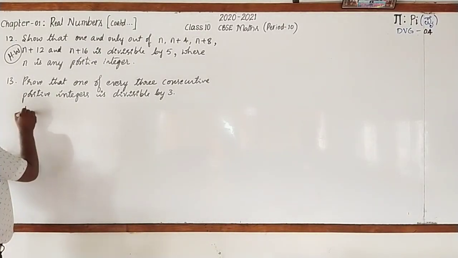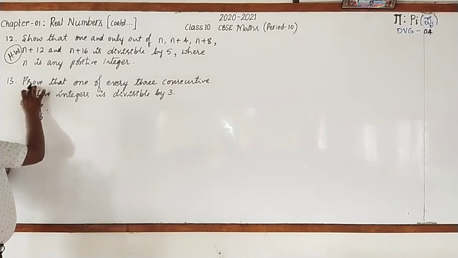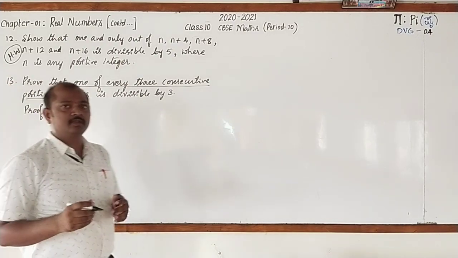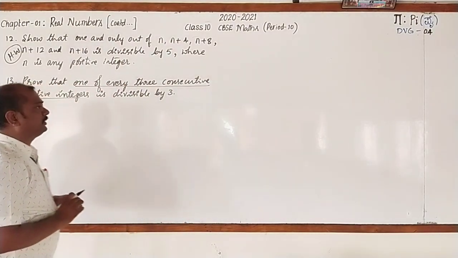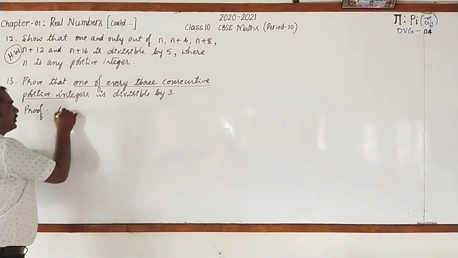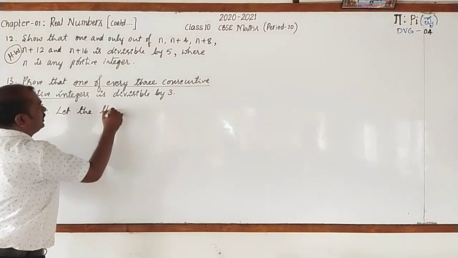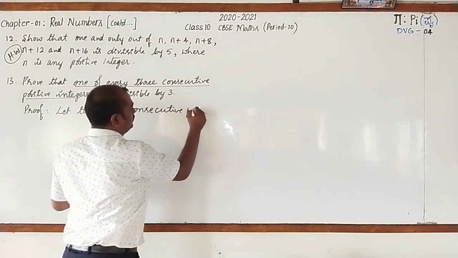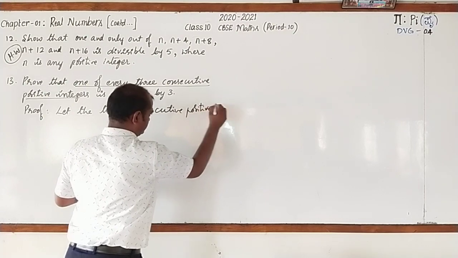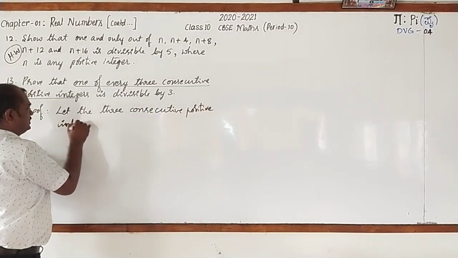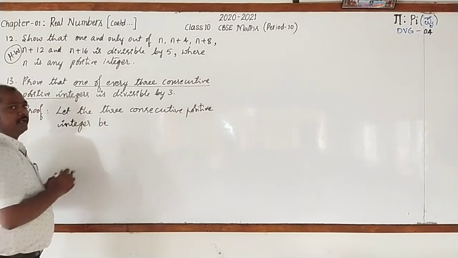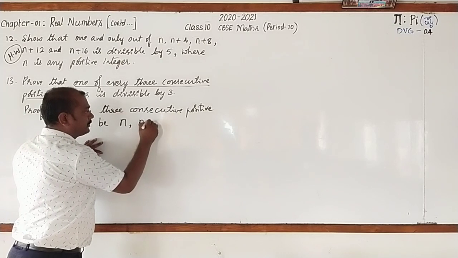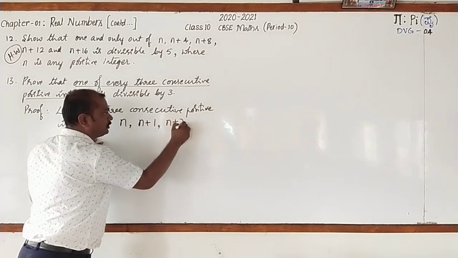Here I'll write the proof. Look here. Prove that one of every 3 consecutive positive integers is divisible by 3. How to write 3 consecutive positive integers? Let the 3 consecutive positive integers be n, n plus 1, n plus 2, right?